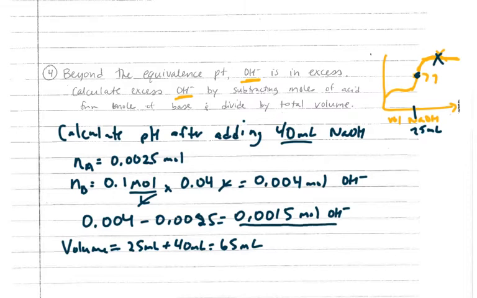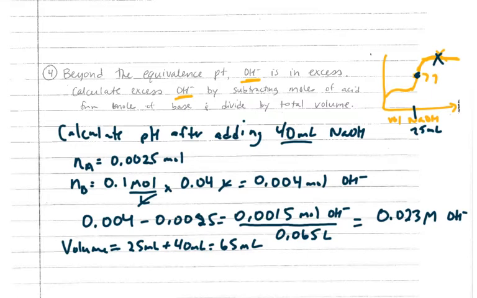So to turn this into a concentration, we just divide by that volume, 0.065 liters. And that gives us a concentration of 0.023 molar, and that's our concentration of hydroxide ions.